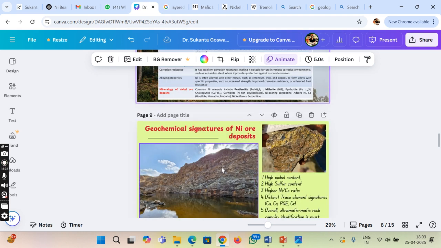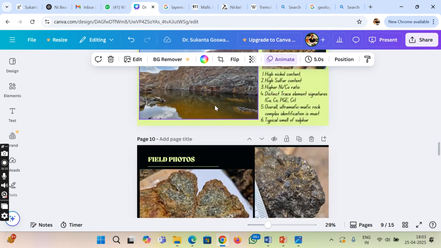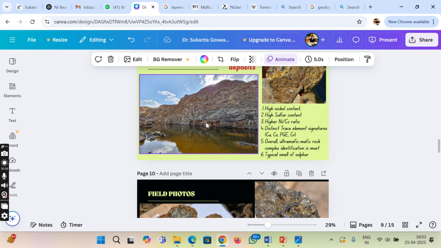So a lot of sulfides you can see, yellowish color, and this water is also yellow in color. You can see where I am moving the cursor, lots of color, pyrite bleeding, oxidation environment condition. The main criteria are the typical gossan-like features, an intensely weathered profile with sulfur-like smell.